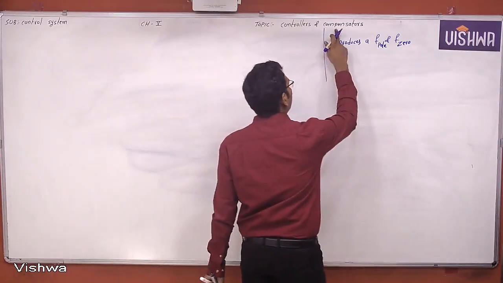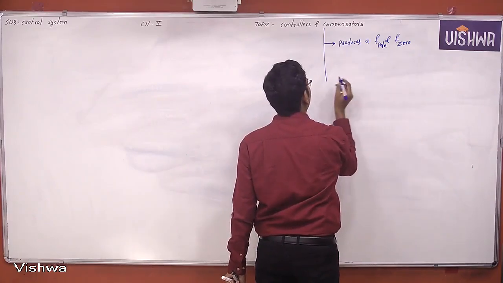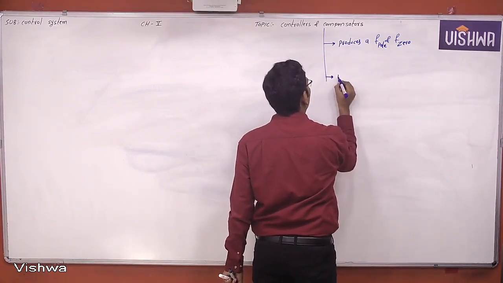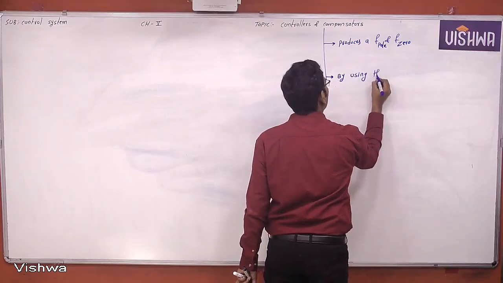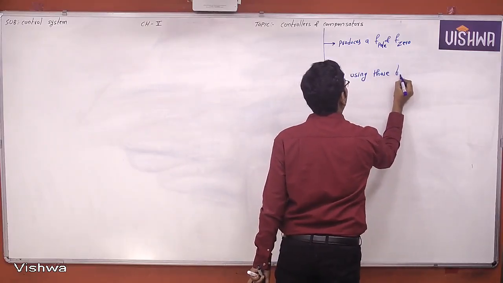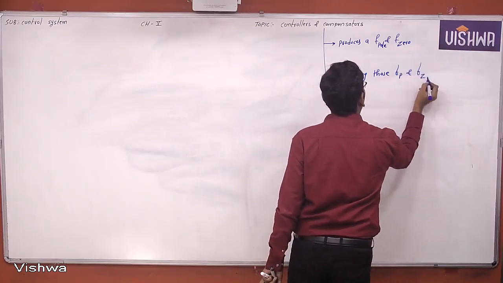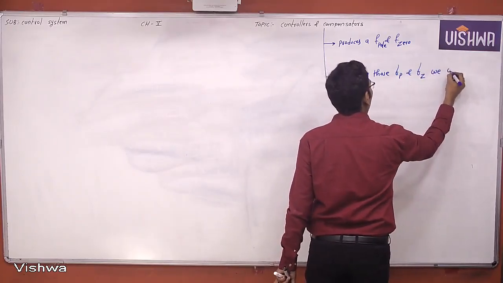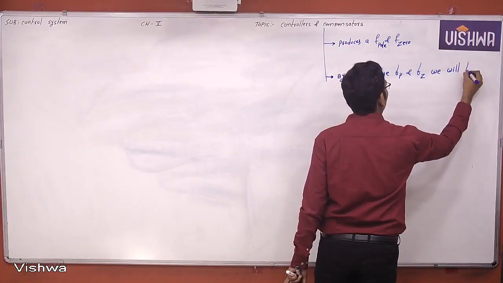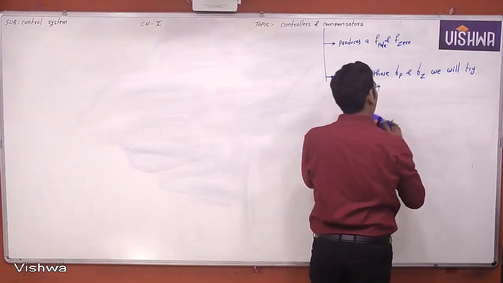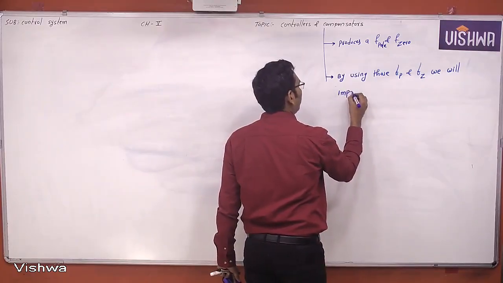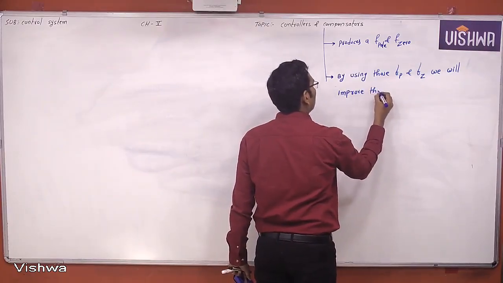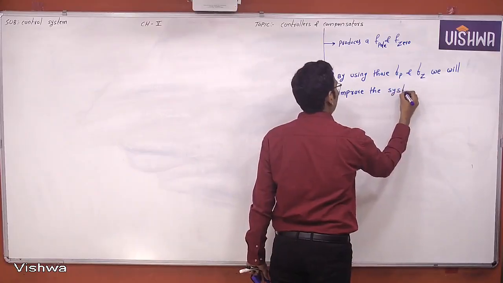Now this compensator produces finite poles and finite zeros. Then by using those finite poles and finite zeros, we will improve the system performance.